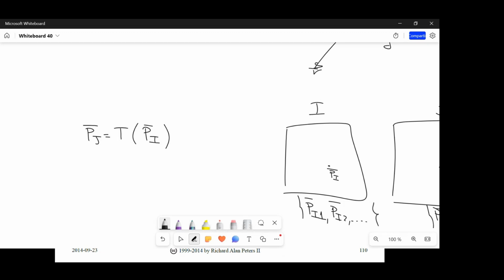So in general, what is a linear transformation? Why do we say a transformation is linear?